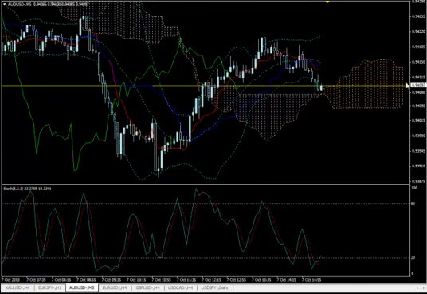The leading Kumo shows that although it's horizontal, the bullish momentum is quite strong, is high. So we expect a big upward move on the M5 time frame.